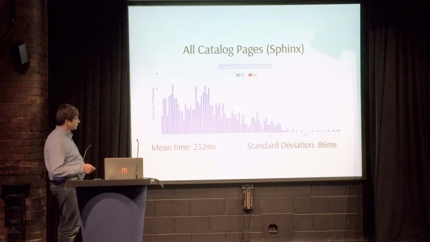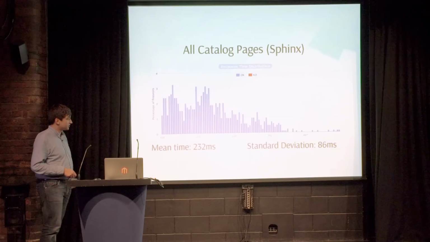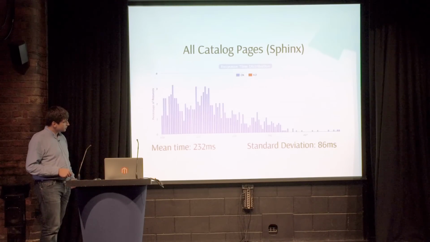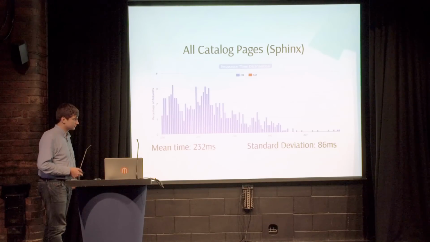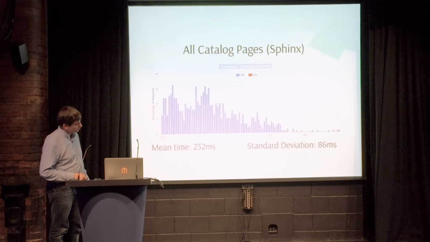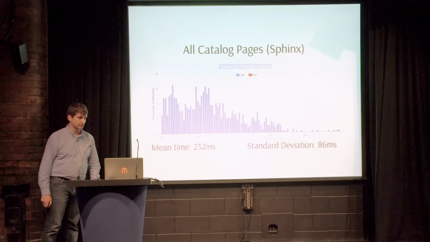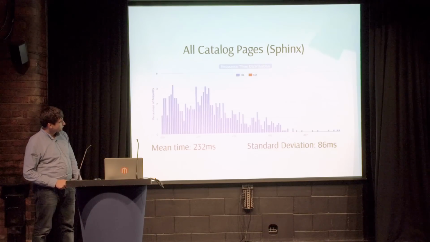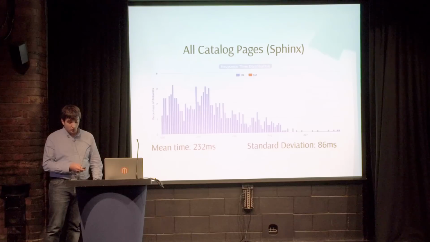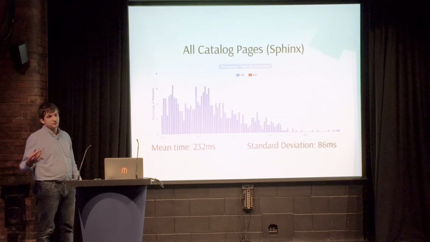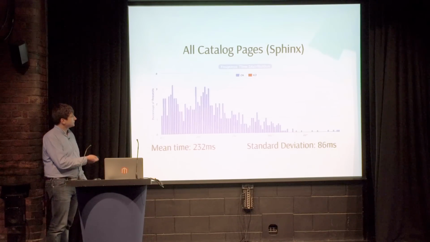Then I decided to serve some catalog pages from Sphinx, and the result was quite interesting. The mean time was 232 milliseconds, and the deviation dropped to 86 milliseconds. And as you see, most of the requests are served within 400 milliseconds. So quite a nice solution for a small database.